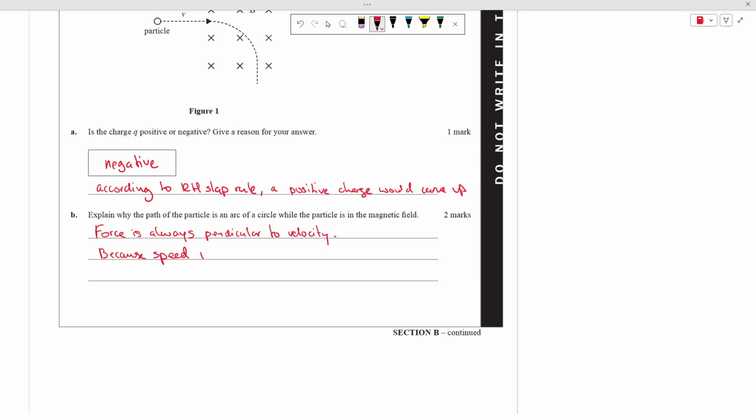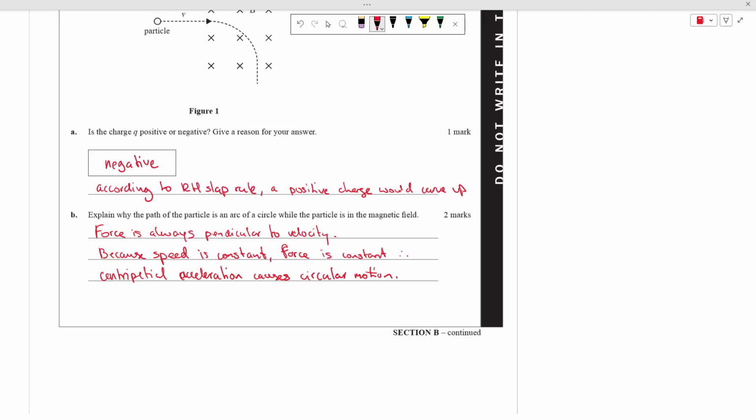So because speed is constant, force is constant. Therefore, centripetal acceleration causes circular motion. There you go. I think that should be okay.